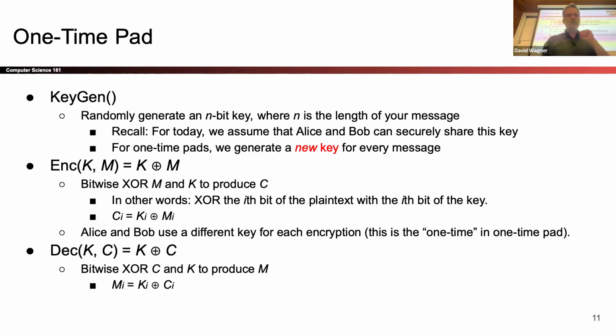To encrypt, the key and the message you XOR them. When I write K XOR M, these are long bit strings. I'm going to assume that each bit position is independently XORed. There's no carry bits or anything. And then the way you decrypt a ciphertext C is you XOR the key and the ciphertext.